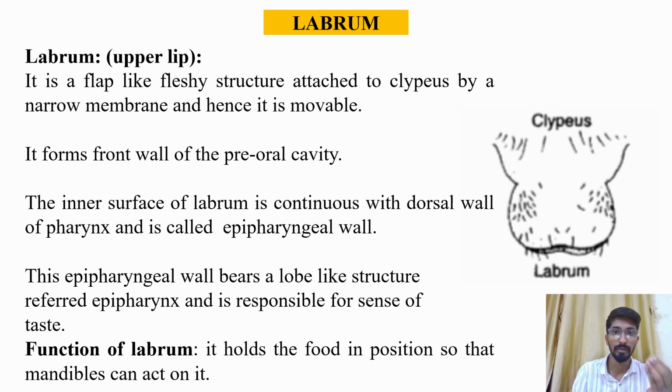Let's go one by one. Labrum, as I said, is called the upper lip. It is a flap-like fleshy structure attached to the clypeus. Clypeus is a region in the head. It is attached to the clypeus by a narrow membrane, and it is movable.